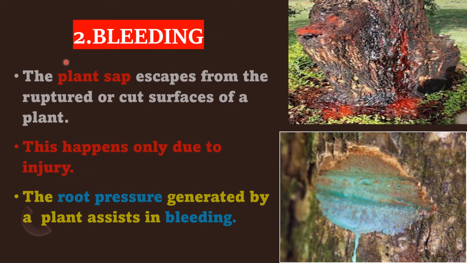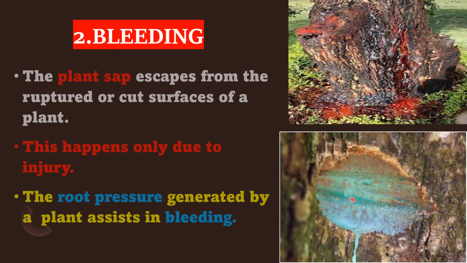The next type of exudation is bleeding. The plant sap escapes from the ruptured or cut surfaces of a plant. That is called bleeding. Remember, this happens only due to injury.